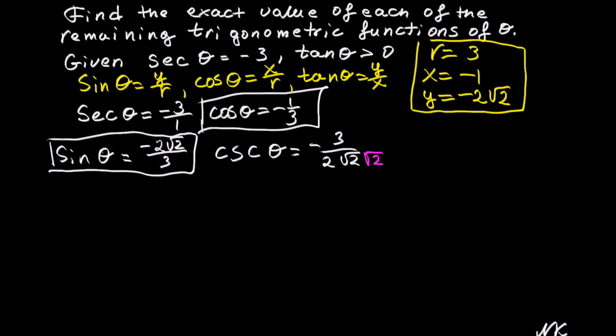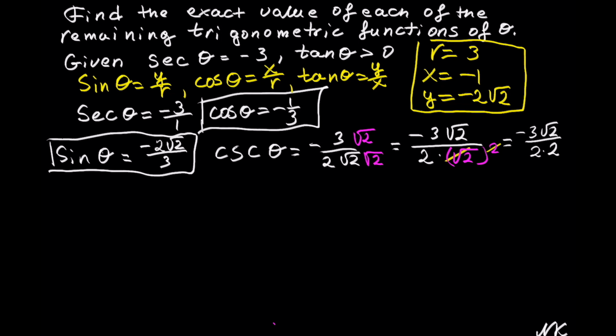That is an inverse of a square root. Whatever we multiply the denominator by, we need to multiply the same thing into the numerator. This will give us negative 3 radical 2 out of 2 times radical 2 to the second power. Square root and the second power will cancel, and we get negative 3 radical 2 out of 2 times 2. So cosecant of theta is equal to negative 3 radical 2 out of 4.